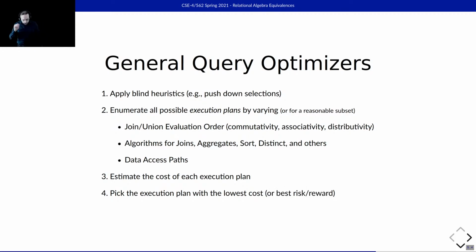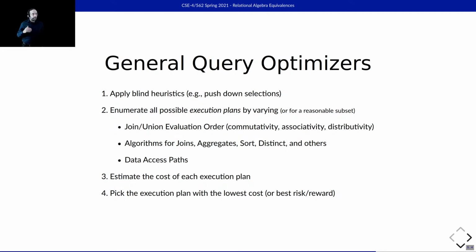Now, one note here: when building an optimizer, like I said, the cost is going to be an estimate. So while we want to optimize for cost, we also have to acknowledge the fact that the cost is not always going to be precise.